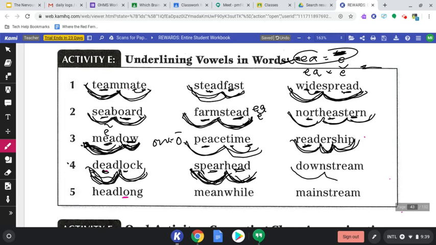Downstream. That's short OW. Stream. Downstream. And lastly, 5. Headlong. Headlong. And hopefully those two are both sight words at this point for you, head and long.